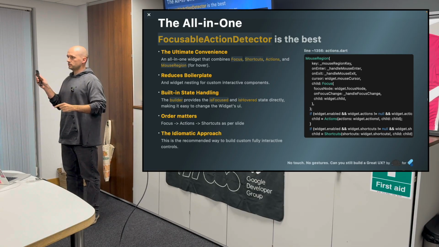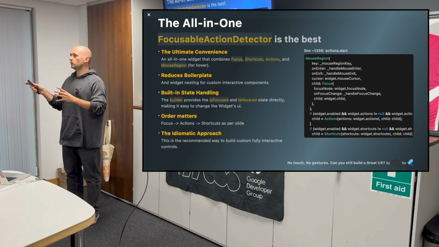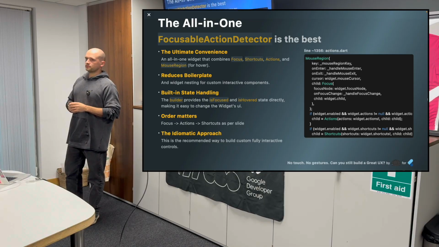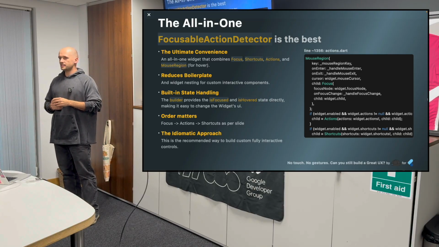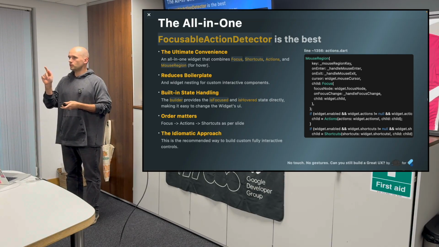It has a mouse region for us to interact when the pointer moves in. Why is it important for mobile? Because mobile applications can still be used with a keyboard. Some users can use assistive technologies for mobile applications, and they will have the same pointer we used to have on web.